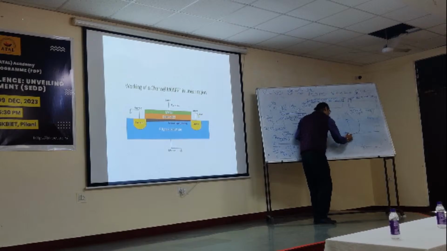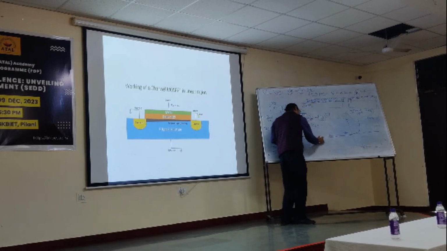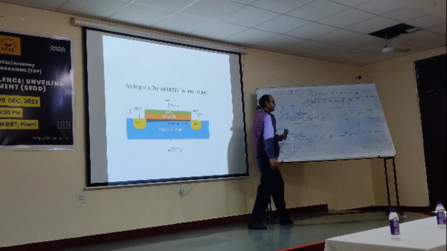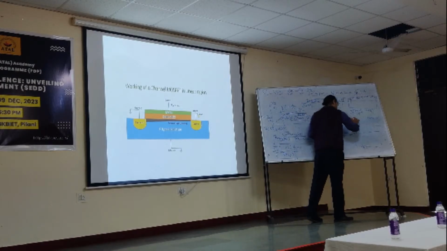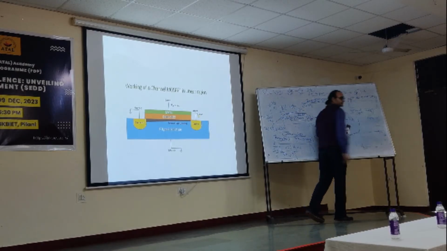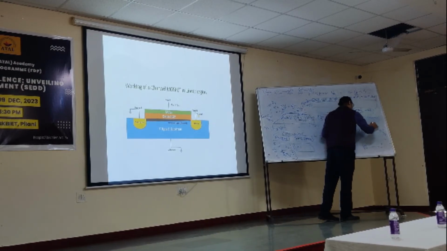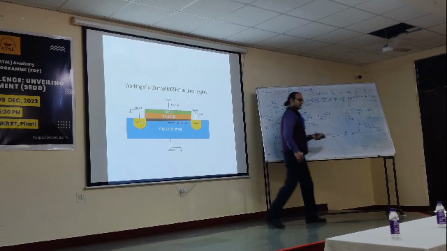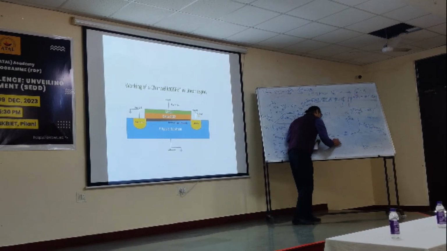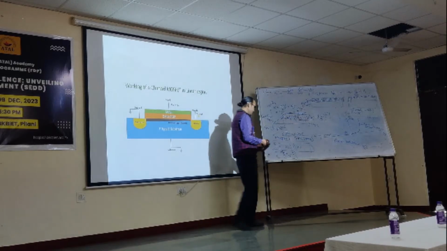And in reverse bias, this is the situation of the current until there is breakdown. So please call this current and call this voltage. In forward bias there is small resistance, that's why current is very large. In reverse bias there is larger resistance.